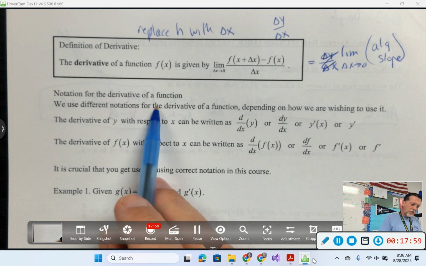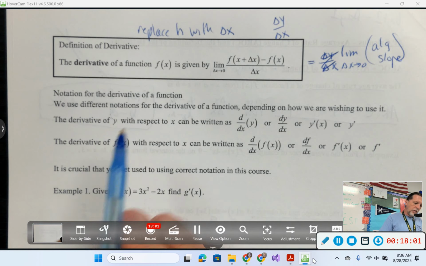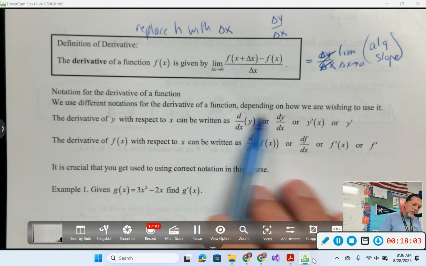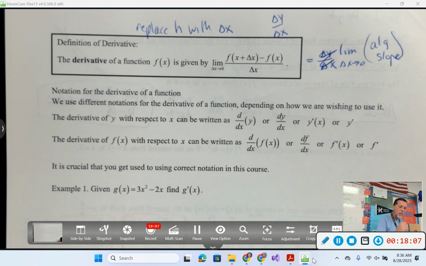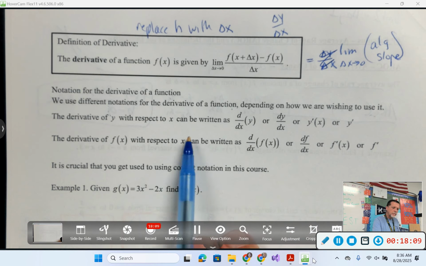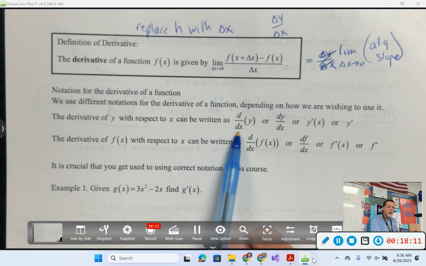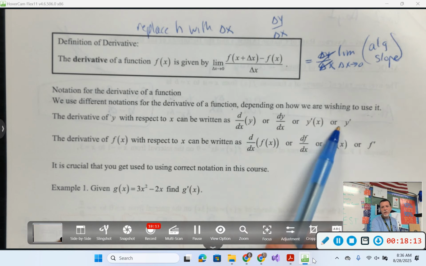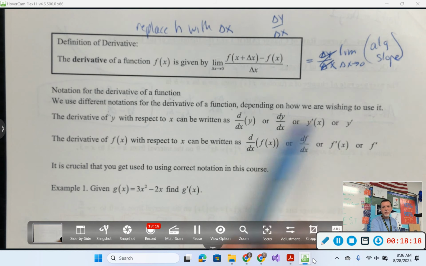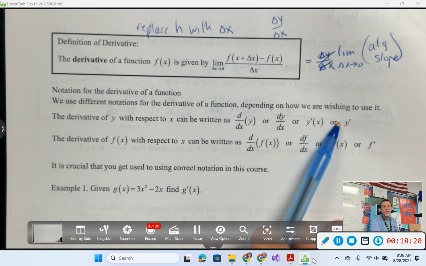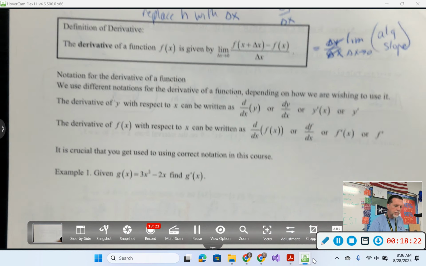Okay, some notation for the derivative of a function. We use different notations for the derivative of the function, kind of depending on the context of what's going on. The derivative of y with respect to x can be written all of these ways. These are all exactly the same thing. So sometimes students get confused on notation. All the same thing.